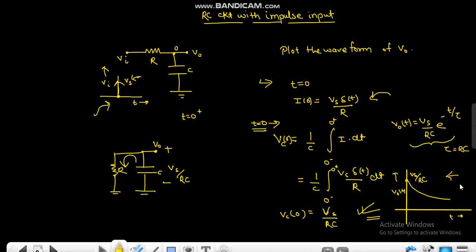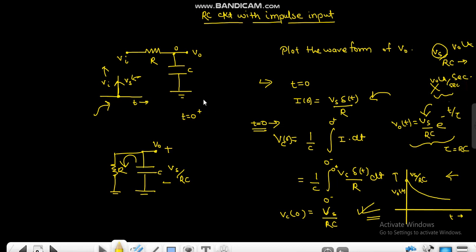Okay, so now some of you may have a doubt: at t equals to 0, how is the voltage Vs by Rc? What is the unit of Rc? Rc is second, and many of you think Vs is volt only. So it would be volt by second, and this is not the unit of voltage. So this must be wrong.